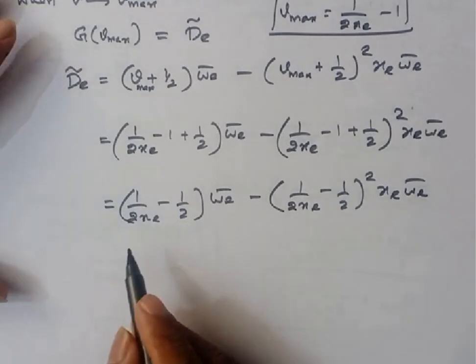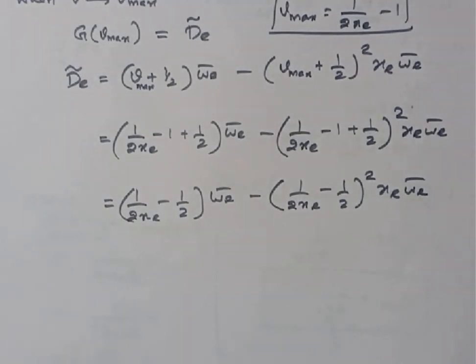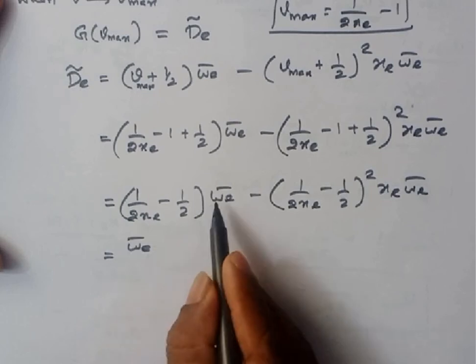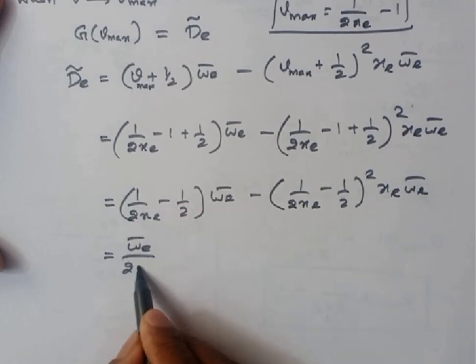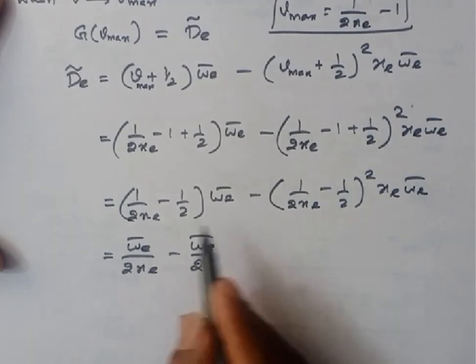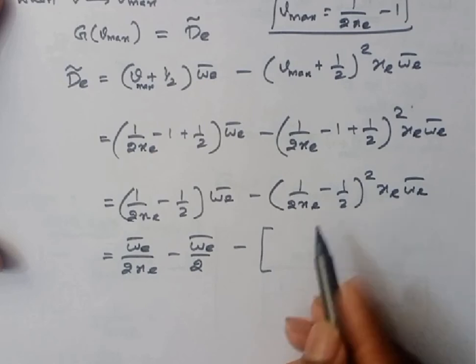So if I simplify this, let me simplify this further. I multiply omega e bar by 2 Xe, minus omega e bar by 2 here, minus this; we have to expand this, a minus b whole square.